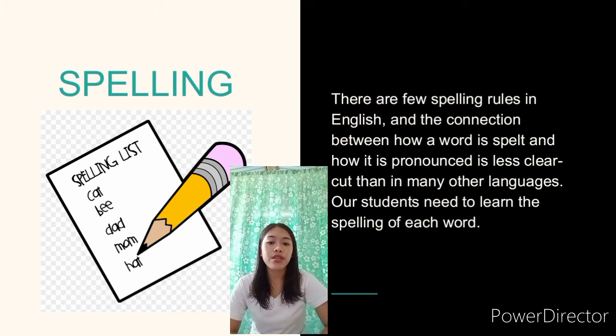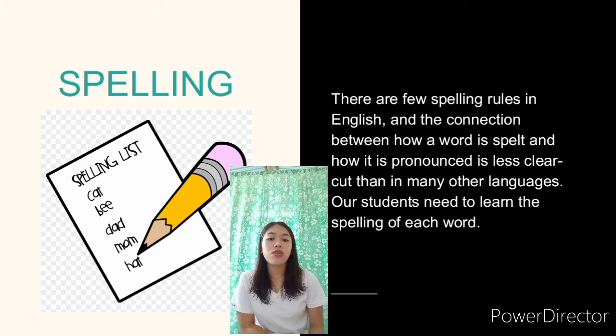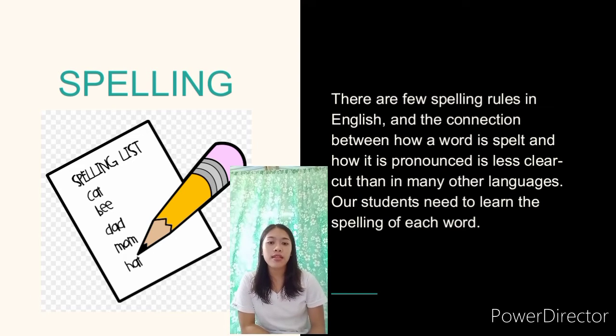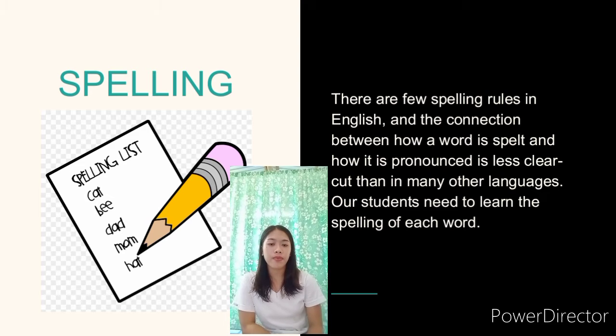Also, words do not end in V or J. Next, contractions replace a letter or letters with an apostrophe to shorten a phrase, just like I'm on my way. The apostrophe is between I and M. Instead of writing I am, we can write I'm.